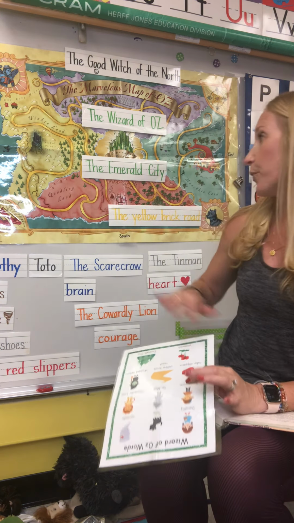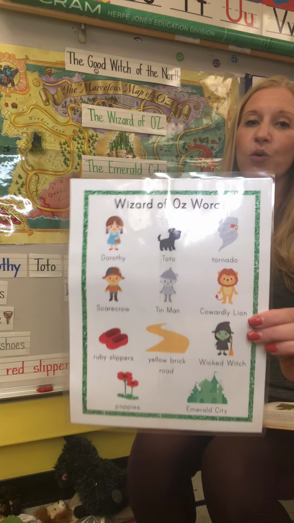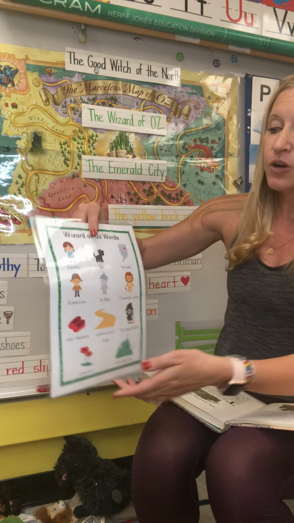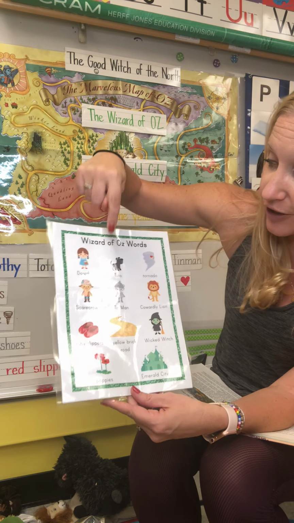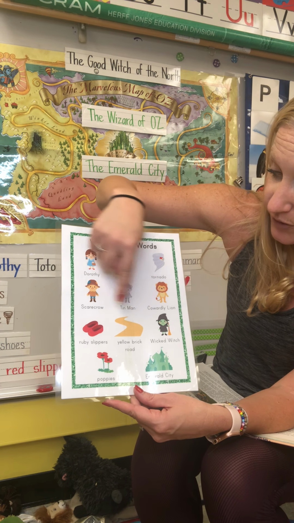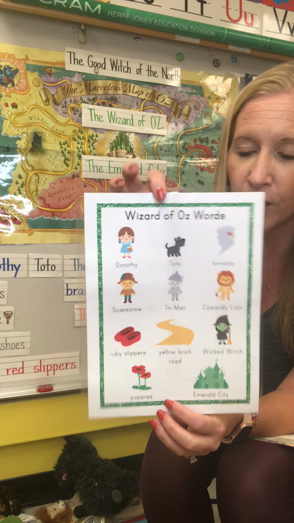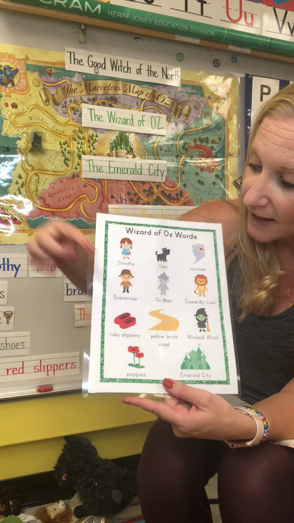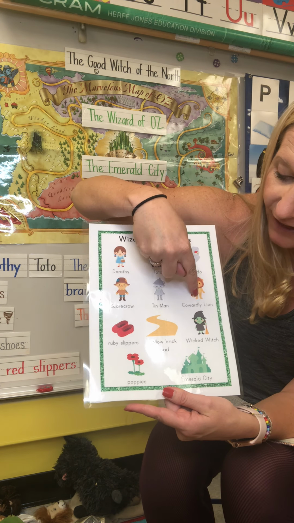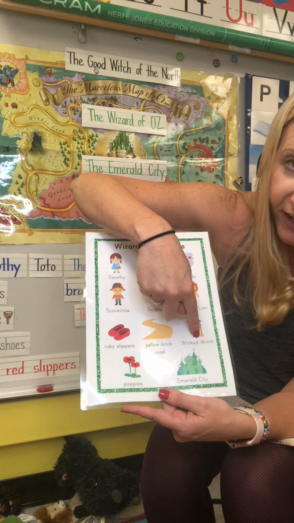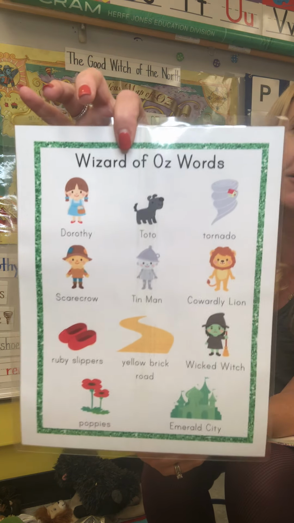Now, you don't have a board like this at home, but you do have the same word wall on the back with some of the most important names, so you can learn to write all of those different things. Please notice when you're looking at your word wall that Dorothy and Toto, the Scarecrow, the Tin Man, the Cowardly Lion, and the Wicked Witch, their names all start with uppercase letters.